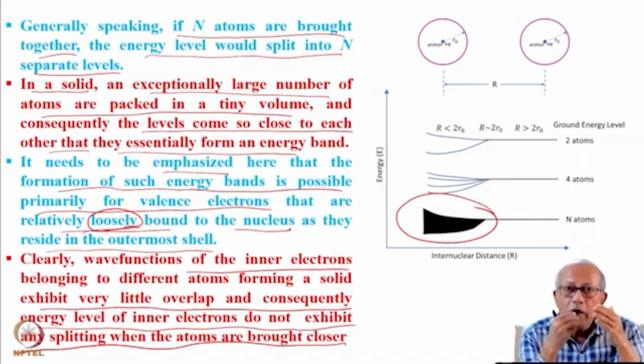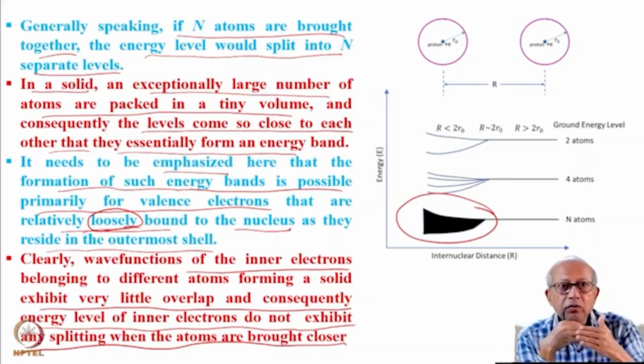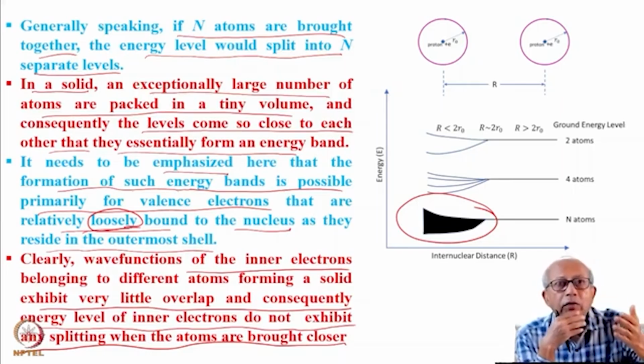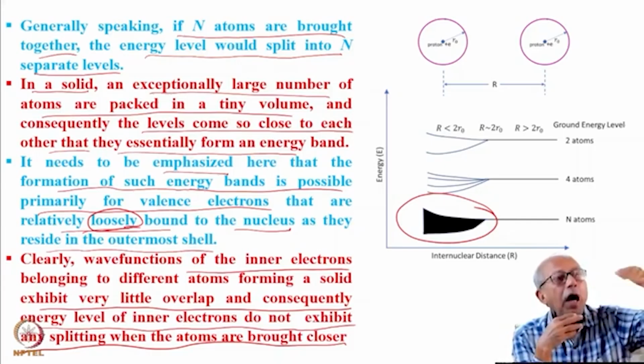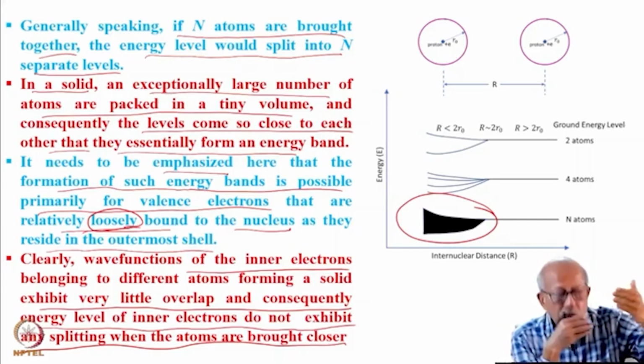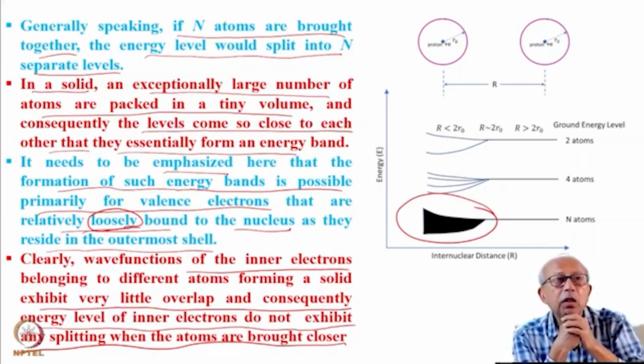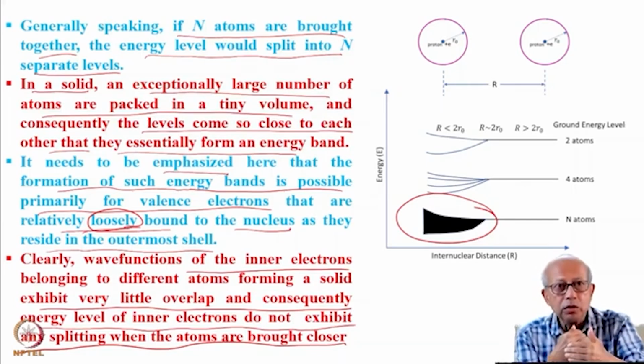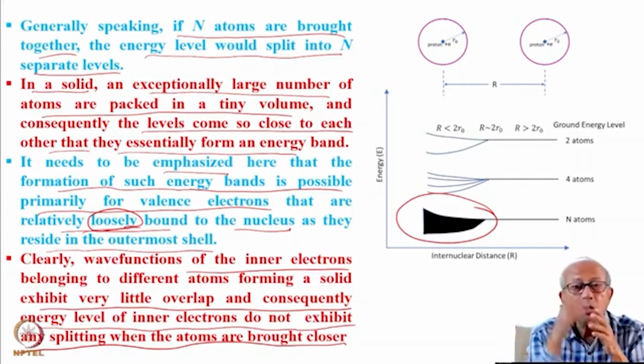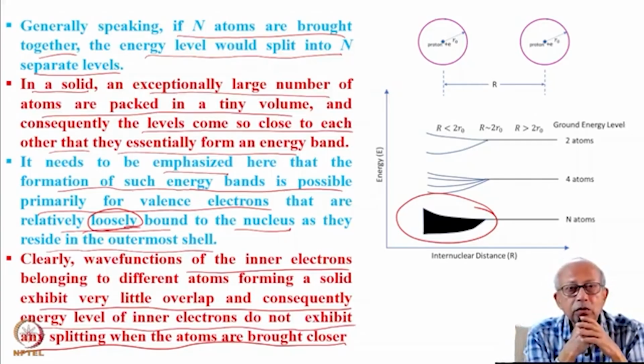So the wave functions of these electrons do not overlap greatly with the wave functions of the other atom which has been brought closer. That is simply because the inner electron is very strongly bound to the nucleus, to which it is much closer compared to the valence electrons, which reside in the outer shell or subshell.